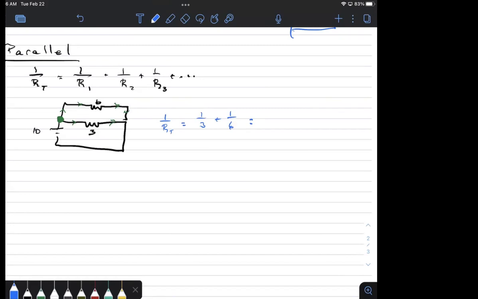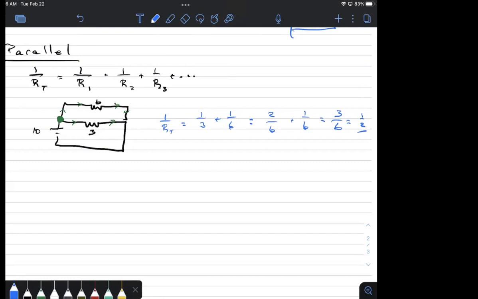To add fractions, you have to get a common denominator first, and then you can add the numerators. So for 3 and 6, the common denominator would be 6. So to make the first fraction, 1 over 3, have a 6 at the bottom, I multiply the top and bottom by 2. So this is the same as 2 over 6 plus 1 over 6. And then that's 3 over 6, which is 1/2.